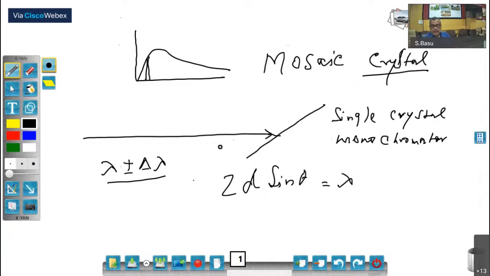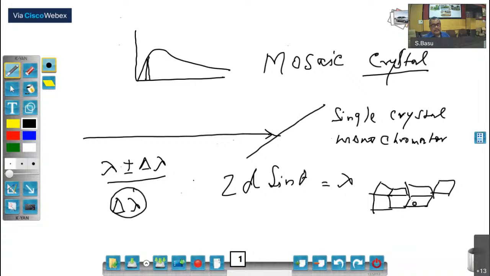But a mosaic crystal, as the name suggests, is made of crystallites which are slightly misoriented, large enough but misoriented with respect to each other. We can create this misorientation. So we will have the same lambda, but with a spread around it because of the orientation of these crystallites in that direction.